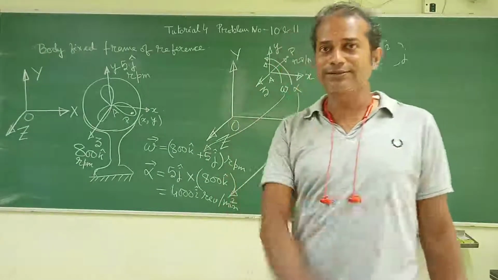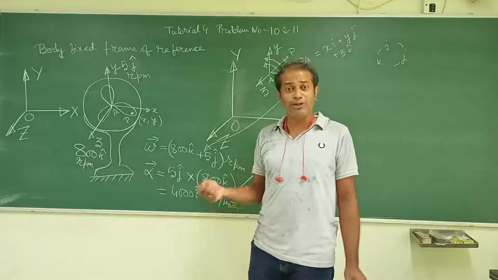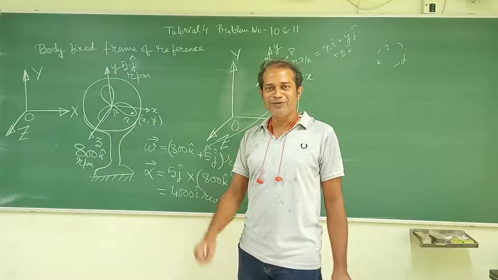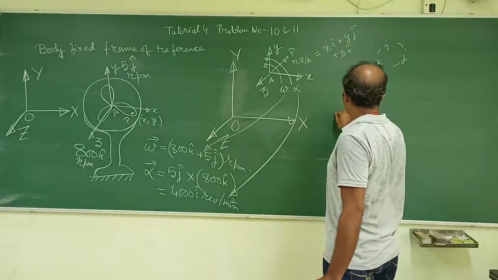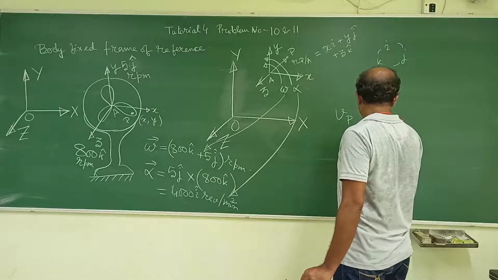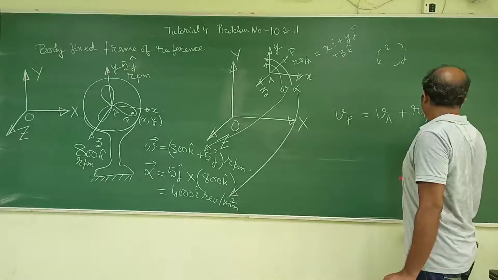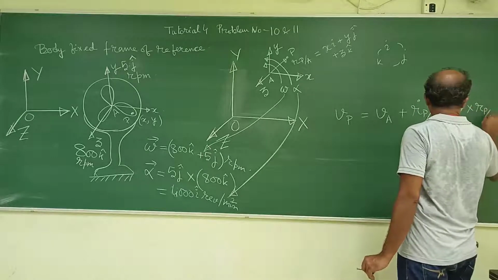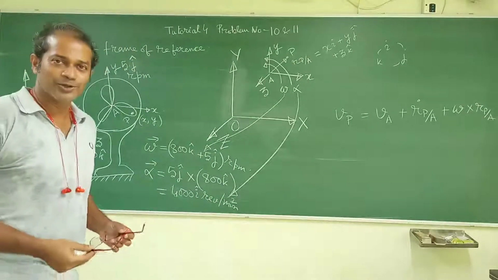Now if I ask, what is the velocity of this P point, the P point you have marked? You are going to say that the velocity of point P is equal to velocity of point A plus R P by A dot plus omega cross R P by A. This is the general form you are going to write.